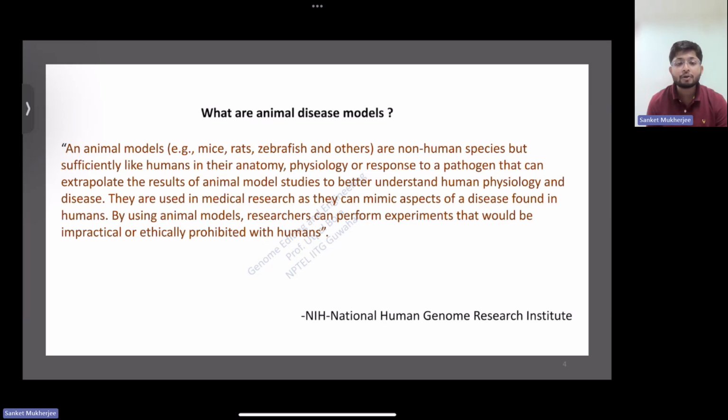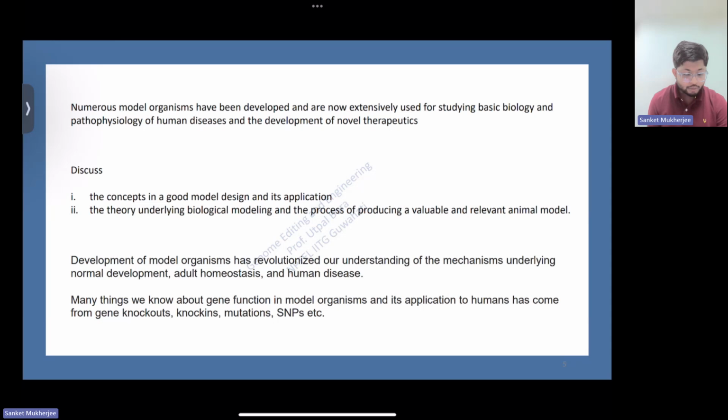By using animal models, researchers can perform experiments that would be impractical or ethically prohibited with humans. Talking about model organisms, numerous model organisms have been developed and are now extensively used for studying basic biology and pathophysiology of human diseases and the development of novel therapeutics.